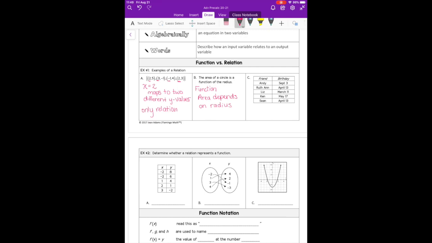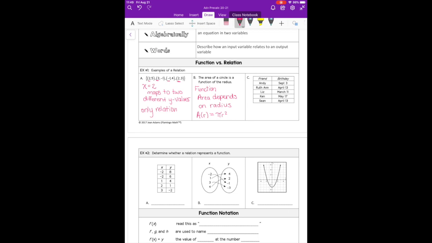So here's the way I think about it. Let me back up a little bit. The area of a circle is pi r squared. Every time I put a different number in for r, I get a different output, right? There's none that repeat. So if I put in 2, I don't get 2 different answers, I only get 1.